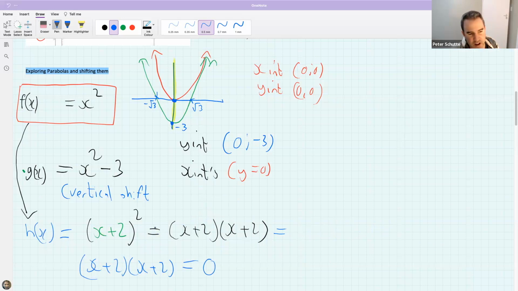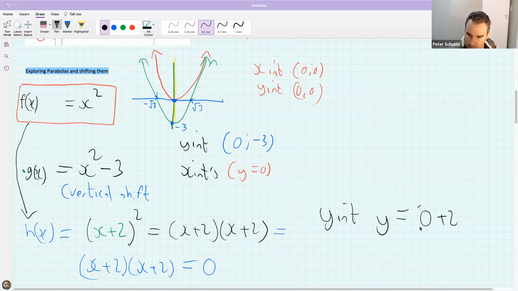And I'm thinking we can make our life even easier here. For the y-intercept, we just have to make x naught. So we go y equals, and we put a naught where the x is. And so we get 2 squared, which is 4.